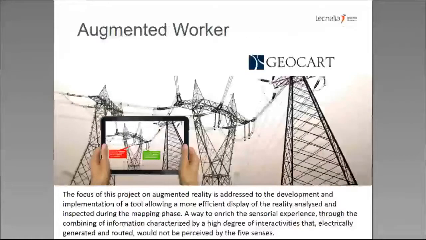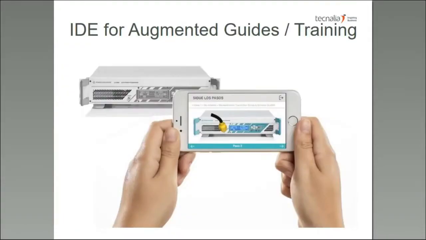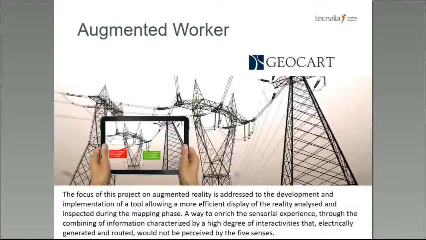And we added an easy authoring tool to let the company update all augmented guides and create their own courses. We are also working with companies that want to create these augmented manuals for other companies, so maybe we are creating new companies. This is an example where companies can change their own guides.